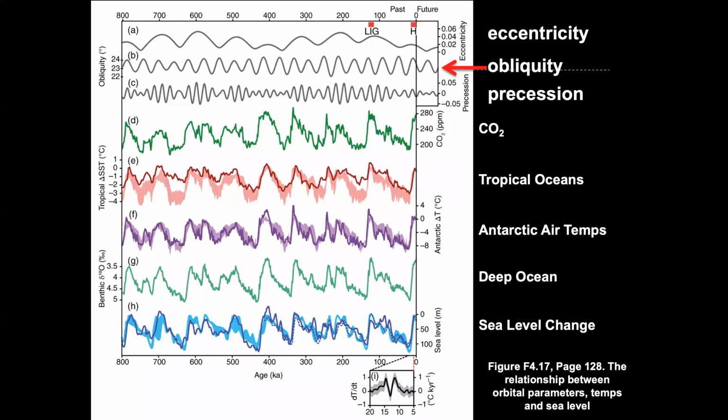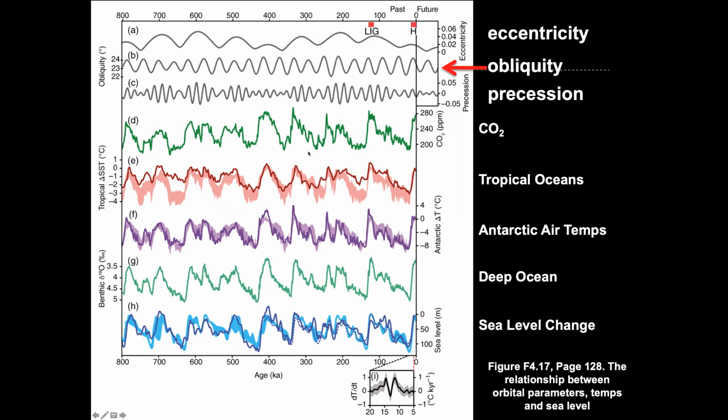Now if you look at it from a graphical standpoint, here you have eccentricity every 100,000 years, obliquity every 41, and precession every 23. So when all the peaks line up, you tend to have a period of warm, warm, warm, warm, versus periods of cold, cold, cold, cold.